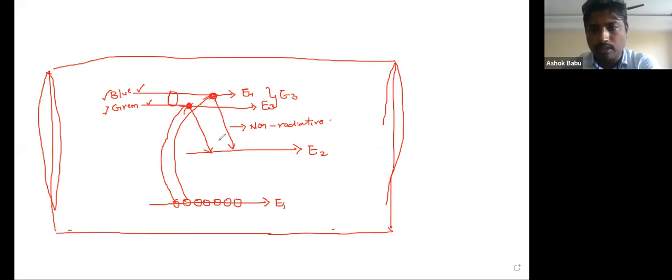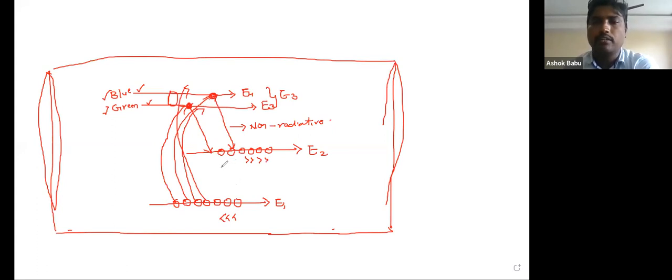What is the purpose of the metastable state? Atoms spend maximum time in the metastable state, so the atoms continuously go on increasing there. At the same time, using the pumping source, the xenon flash tube, we are sending particles from the ground state to the higher energy states E3 and E4, so the particles in the ground state go on decreasing. Due to spending maximum time, the particles in E2 go on increasing.